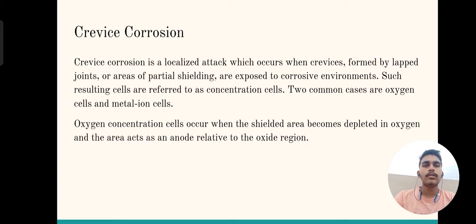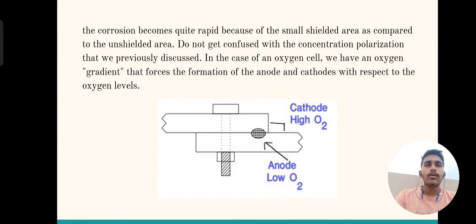Oxygen concentration cells occur when the shielded area becomes depleted in oxygen and the area acts as an anode relative to the oxygen-rich region. The corrosion becomes quite rapid because of the small shielded area as compared to the unshielded area. Do not get confused with the concentration polarization that we previously discussed.